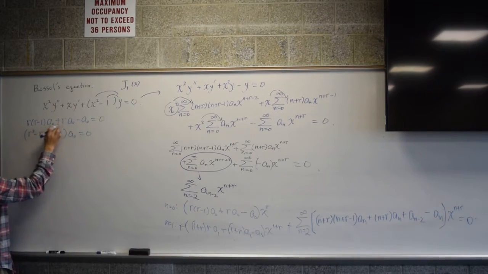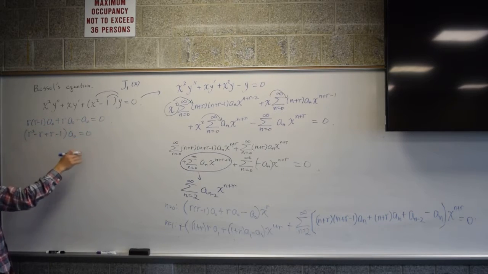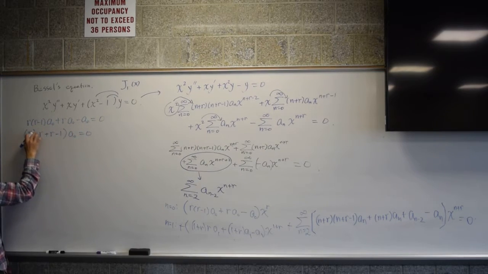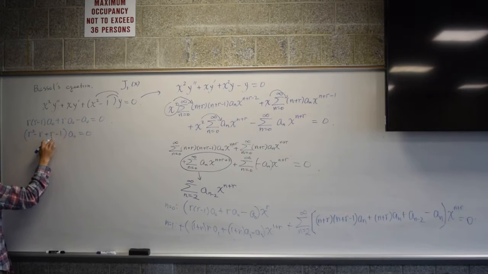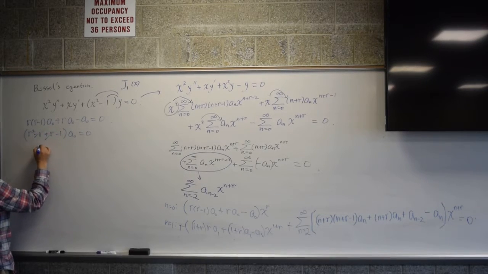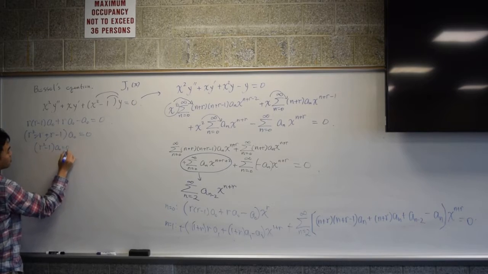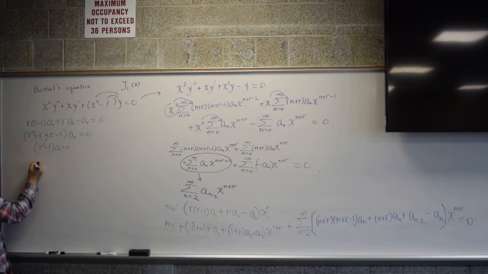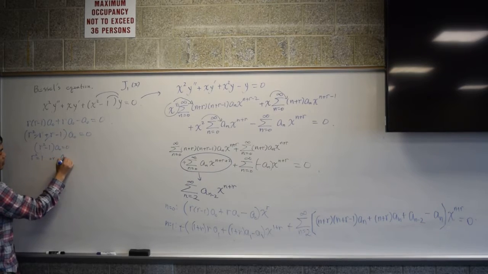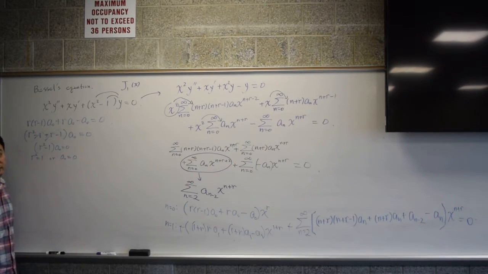If you factor the a0 out because that's common, and multiply this out, this becomes this, and r is from here, negative 1 is from here. These two cancel, leaving you with r squared minus 1, a0 equal to 0. Now when can this happen? Either r squared is 1 or a0 is 0.